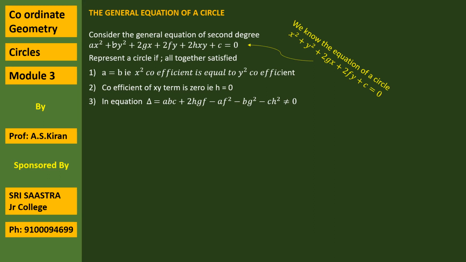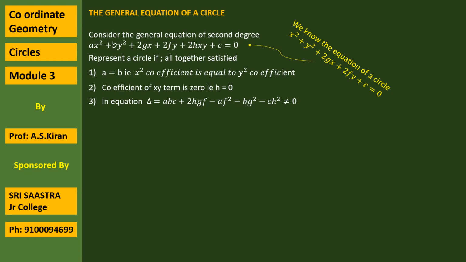Delta is equal to ABC plus 2HGF, you can observe in the above equation, minus AF square minus BG square minus CH square. It's a numerical value. Once again, delta is equal to ABC plus 2HGF minus AF square minus BG square minus CH square is not equal to 0.